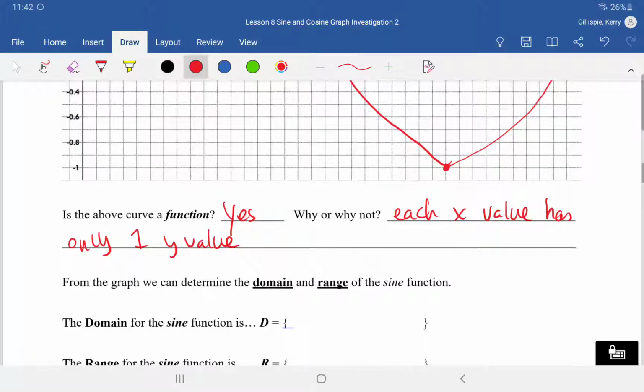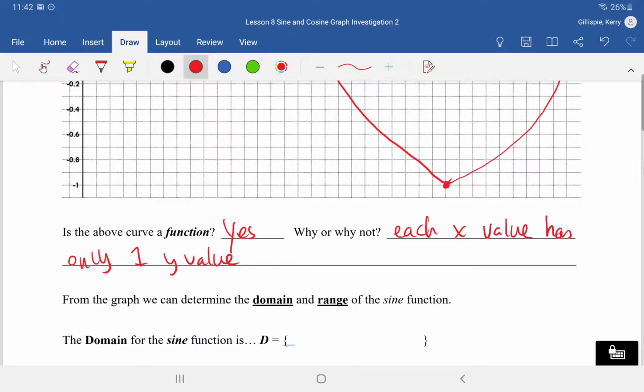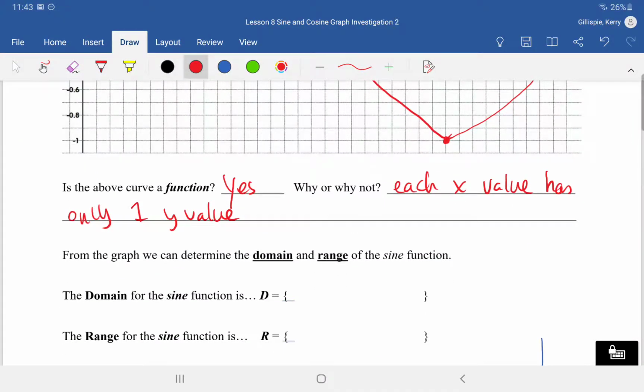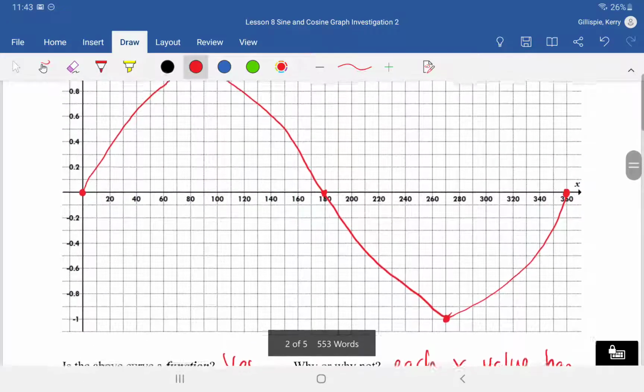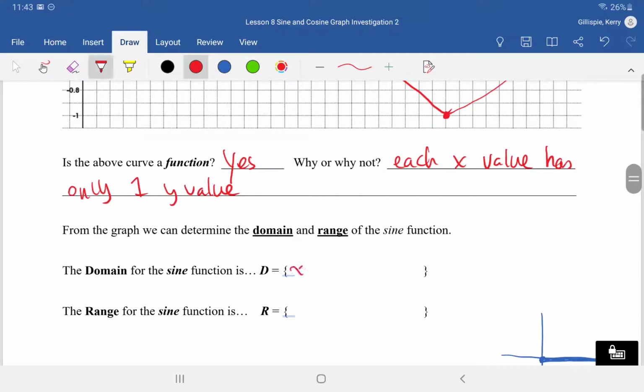And the domain, a good reminder of domain from before March break. X belongs to all real numbers. And that just means you can do the sine of any number you want. So you can do the sine of 500, you can do the sine of 1,000,000, you can do the sine of negative angles, because we talked about negative angles last unit where we go clockwise.